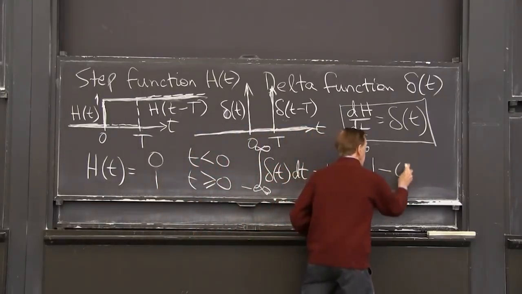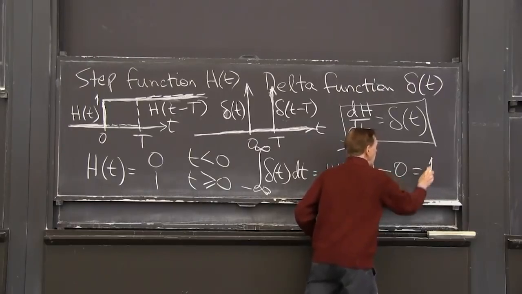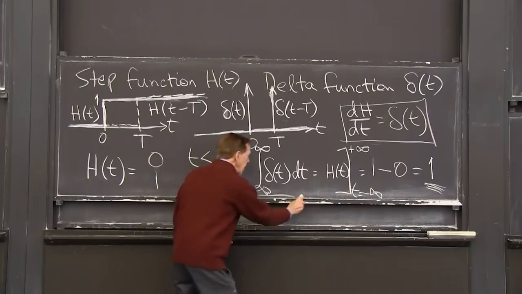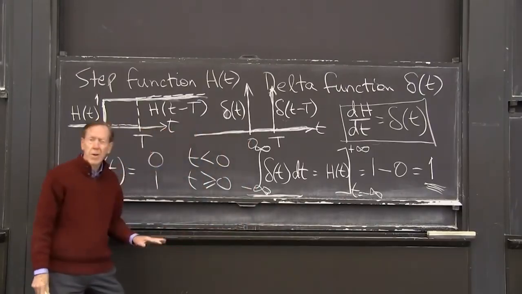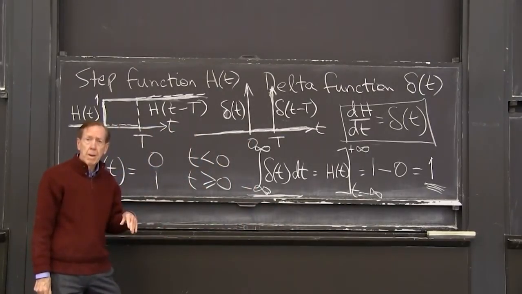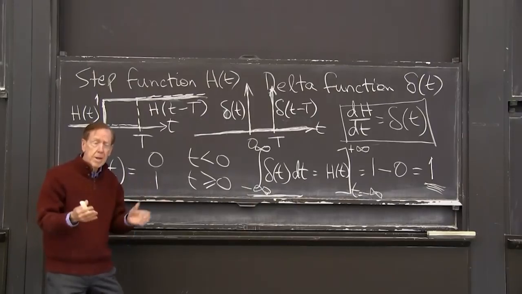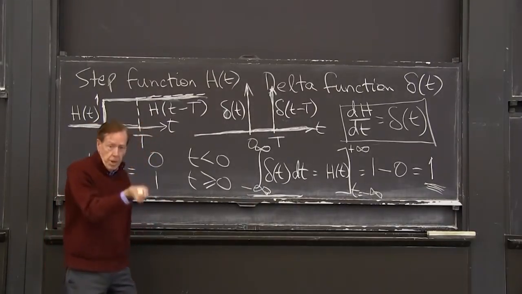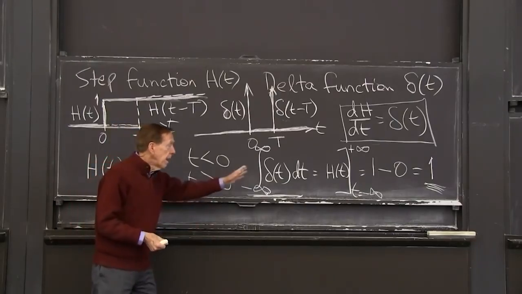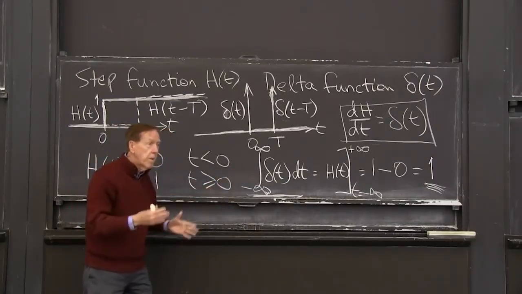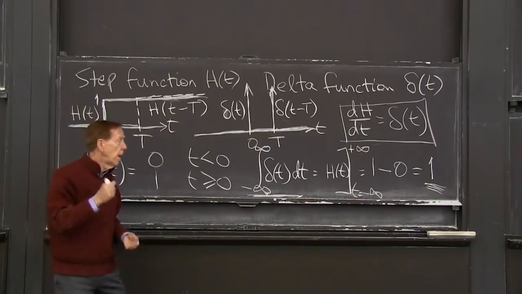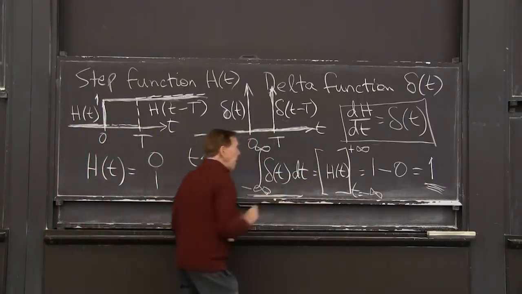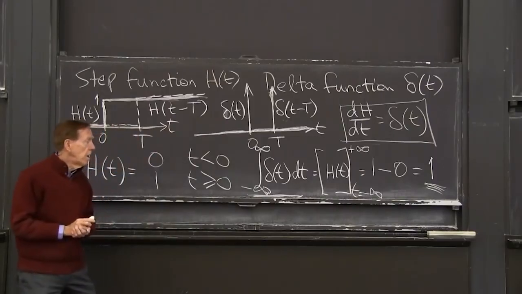This is 0, so I get 1. And everybody catches on to that key fact that the total integral of the delta function is 1. Again, you only made the deposit at one moment, but that deposit was a full $1, and adding up all deposits is just that $1. So that's the integral of the delta function.